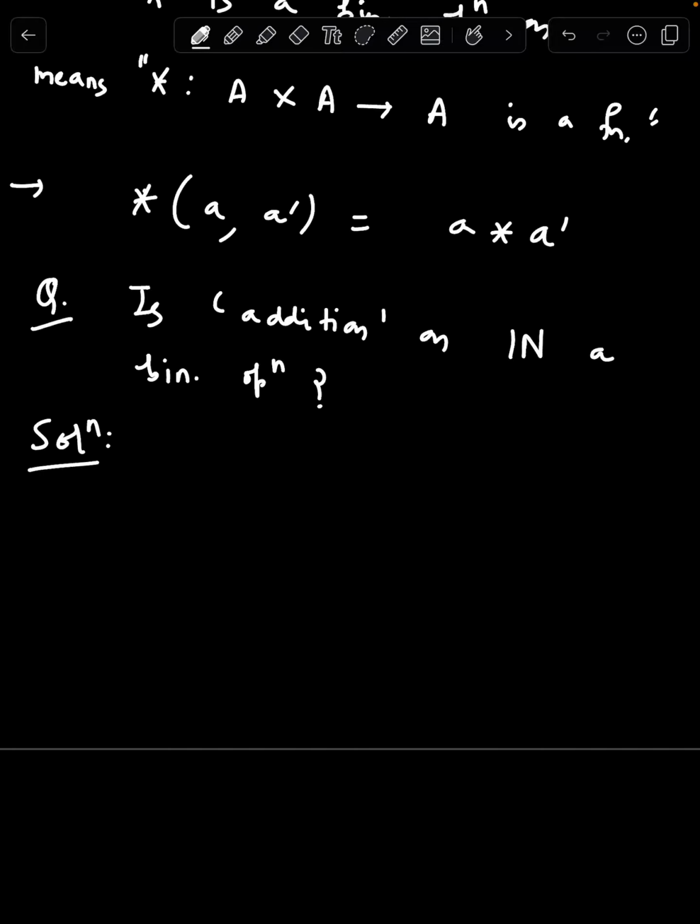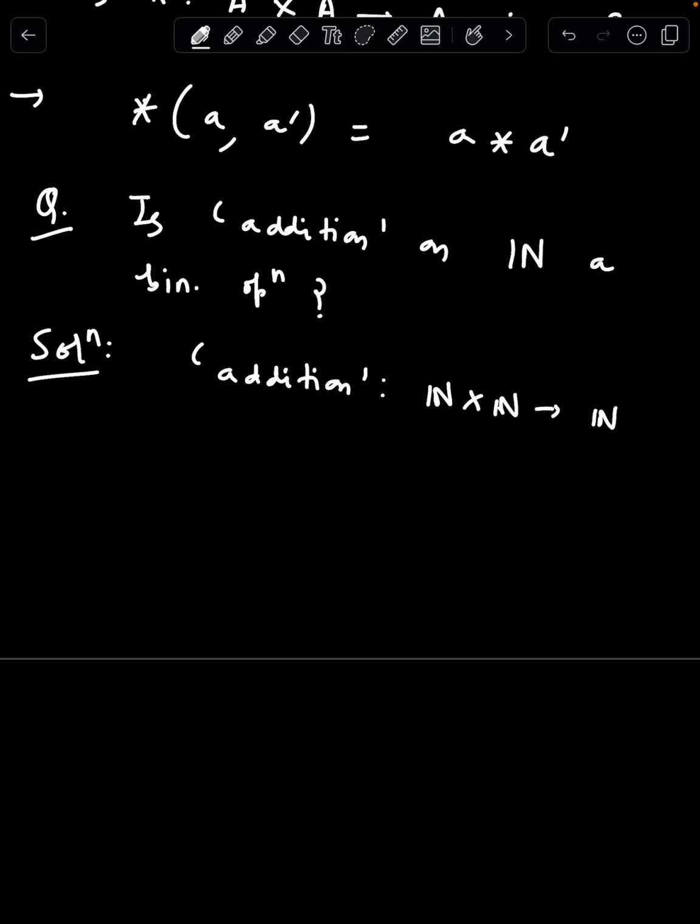Well, it means that we're looking at this function addition. What is it doing? Well, it is taking an element from n cross n, that is this couple, and sending it to A plus. So this is what addition function is doing.